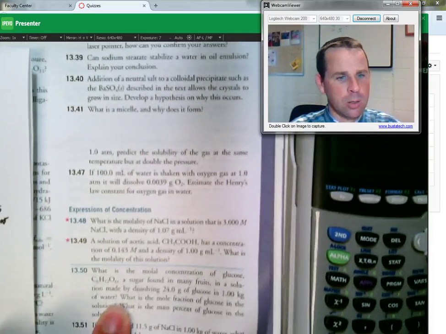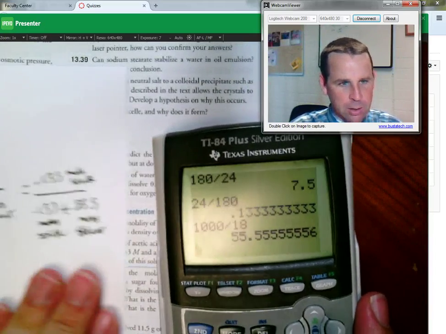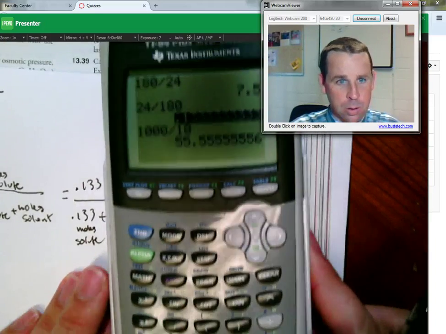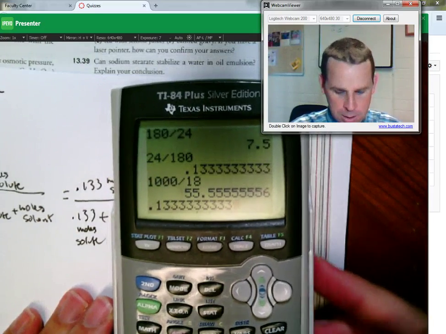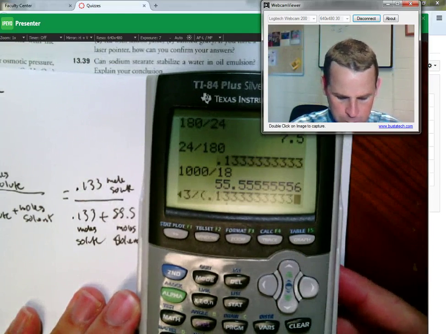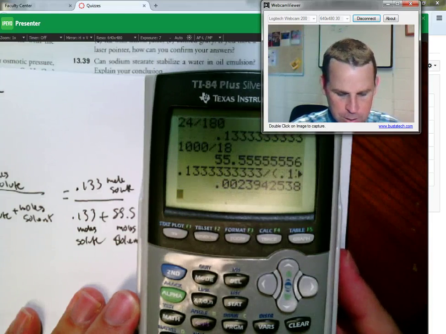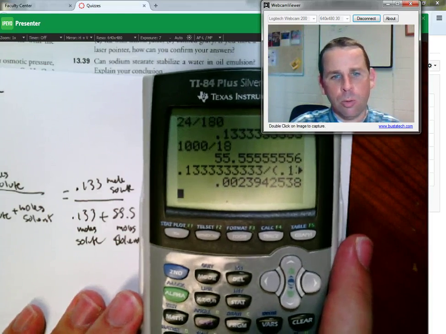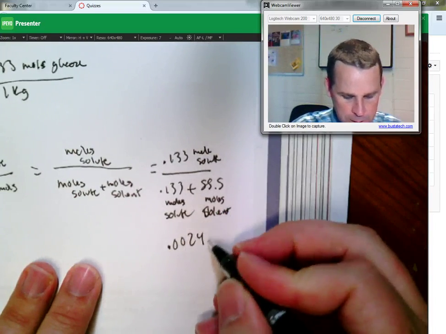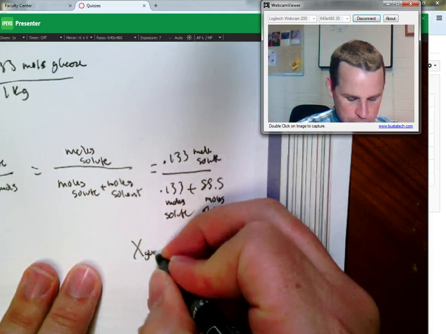We can just take the 0.133 and divide it by the 0.133 plus the 55.5. And the answer is 0.0024. Mole fraction is represented as X. So the mole fraction of glucose.